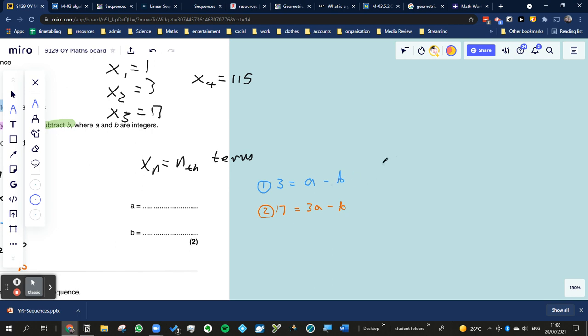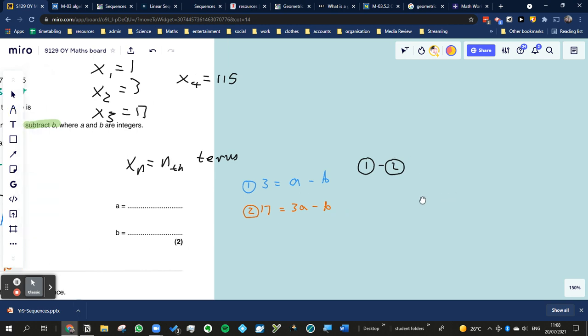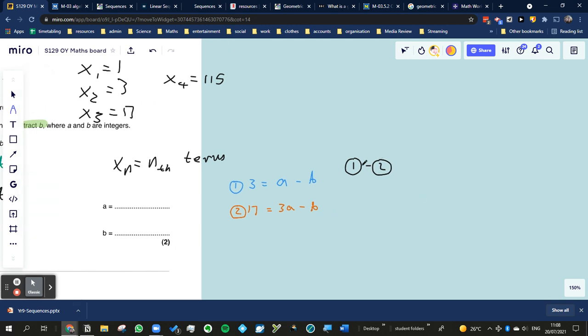So what I can do is equation 1 plus, no, sorry, let me get this right. Minus equation 2. So what would that look like? Or maybe it would be better to do equation 2 minus equation 1 actually, because then we end up with a positive number on the left-hand side.